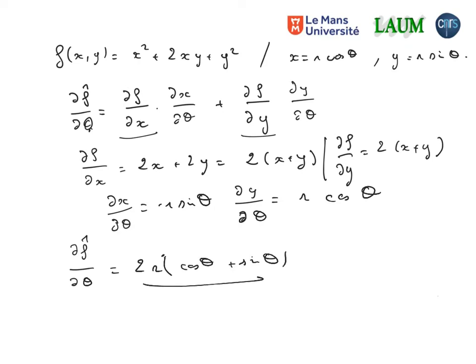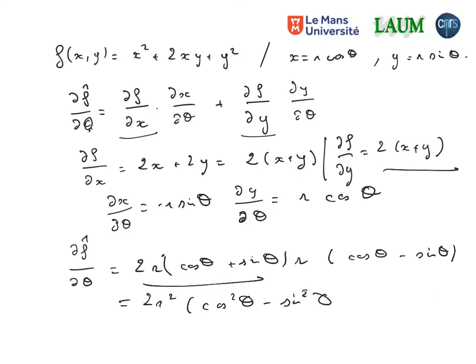So this term here is this plus this, which is the same. Then I just have to multiply by r, I multiply by cosine of theta minus sine of theta. So we see that this is 2r squared multiplied by cosine squared minus sine squared of theta, and this is exactly the expression that we had before.